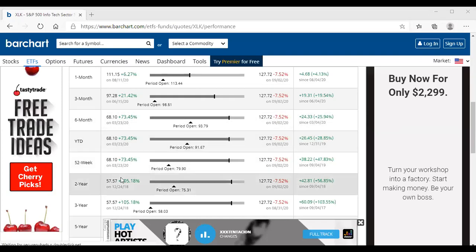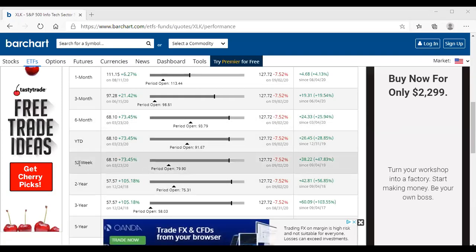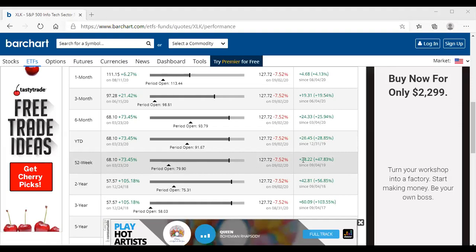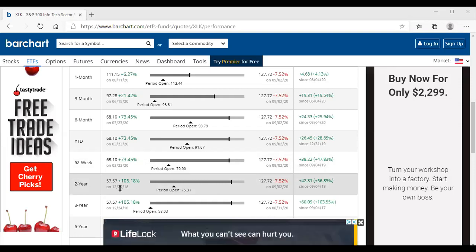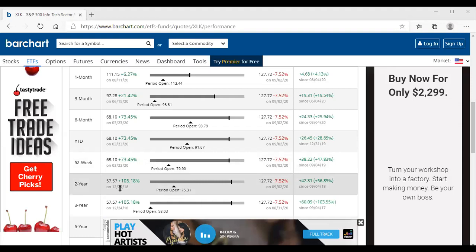Okay, so I would look at the 52 week. So 52 weeks is pretty much about a year, right? So $38. You're going to take 38 and divide that by 2 and you get 19. And then from there, you're going to do a 10% correction and you get 17.